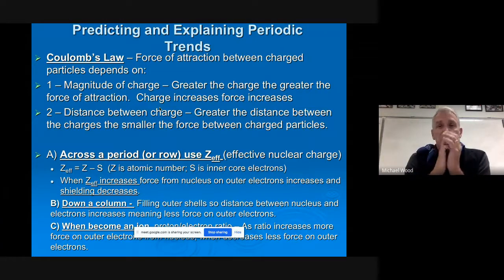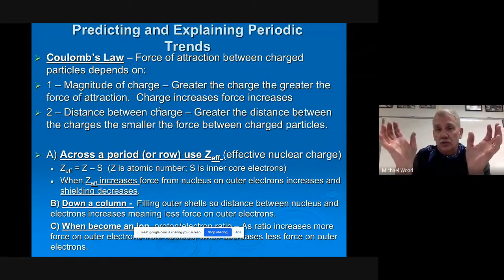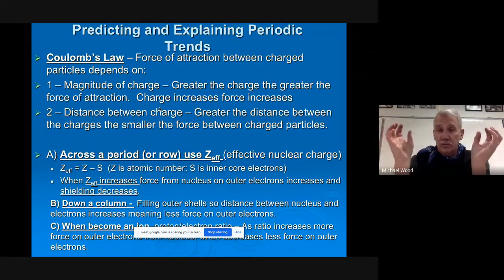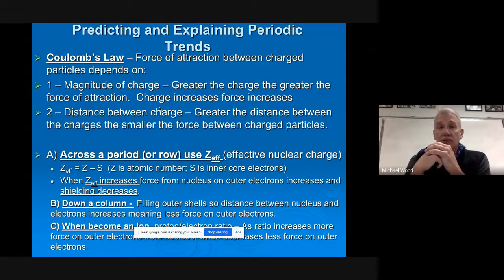The charge increases, force increases. In chapter 10 we'll compare an ionic compound that has a positive 1, negative 1 charge versus one with a positive 2, negative 2 charge, and say that the positive 2, negative 2 combination has a stronger force of attraction, or a stronger Coulombic attraction.